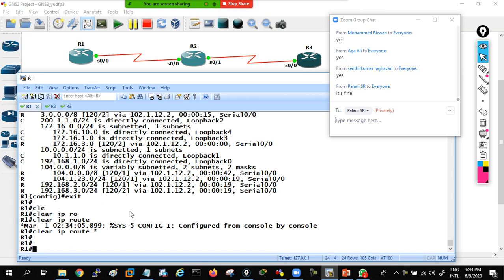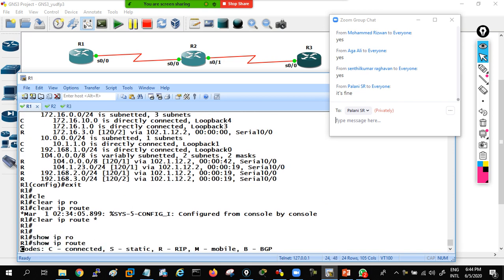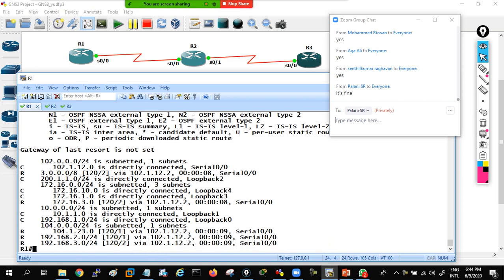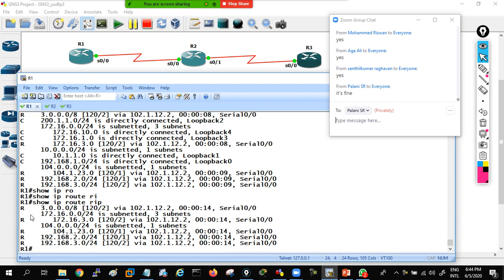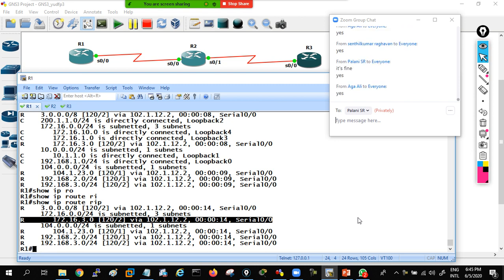Clear ip route star. Okay, now you type show ip route. It will take a fresh update. Now did you see here, show ip route rip? See there, now did you see the 172.16.3 network? Everybody, did you see that, guys? Are you able to see that? Now I am able to talk to it, right?